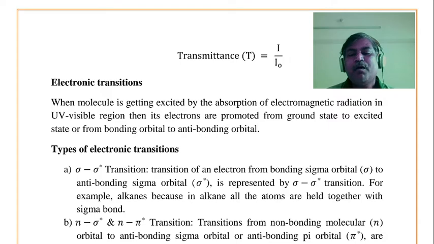So, when a molecule is getting excited by absorption of UV light radiation in the electromagnetic radiation region, the electrons are promoted from the ground state to the excited state, or from bonding molecular orbitals to anti-bonding molecular orbitals.